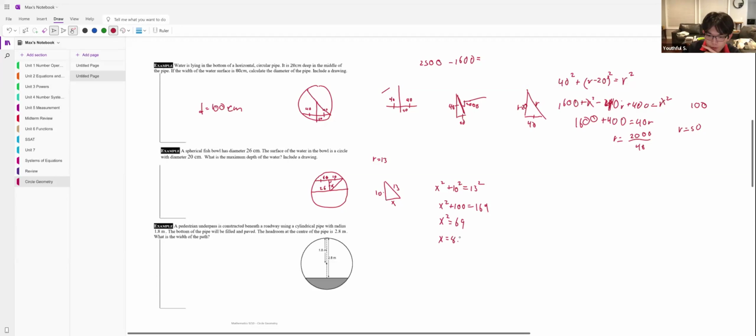So then x is equal to 8.31, and then we add that onto the radius. So 13 plus 8.31 is going to give us 21.31, and our maximum water depth is going to be 21.31 centimeters. Does that make sense?